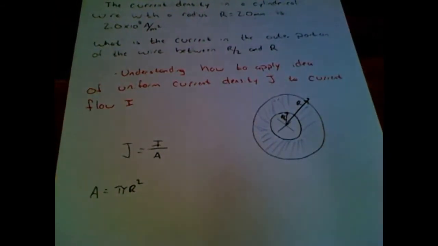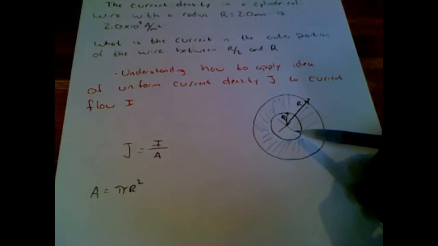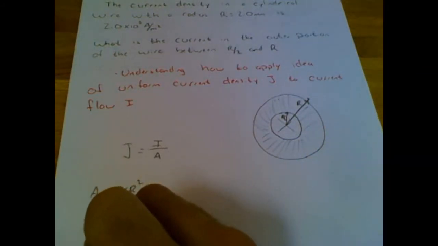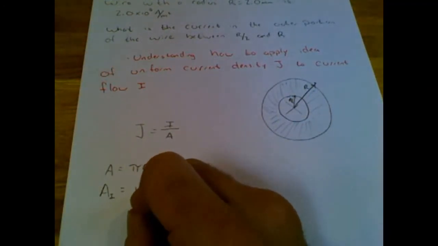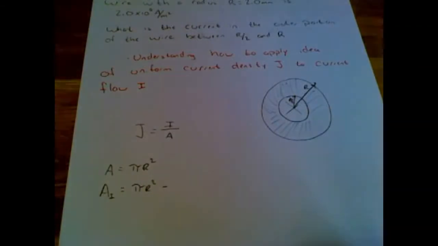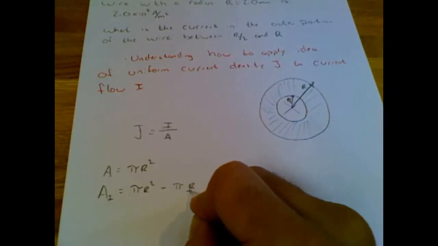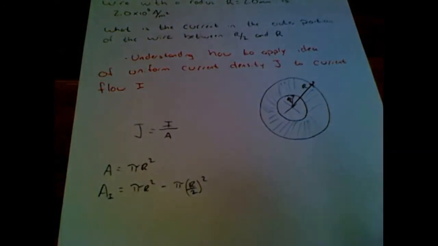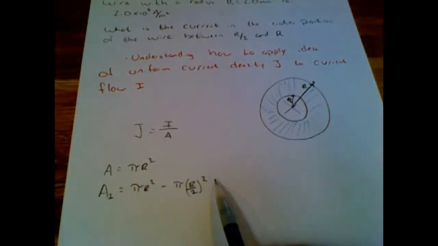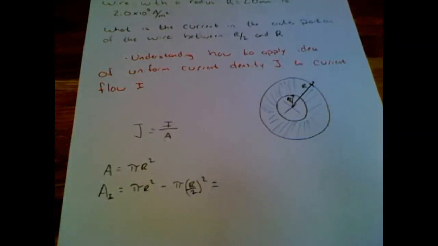So the area the current is traveling through, I can label that A_I, would be the area of the whole thing, pi r squared, minus the area of just that middle part, pi times r over 2, that whole thing squared. In which case I can solve this here. I can pull out a pi.